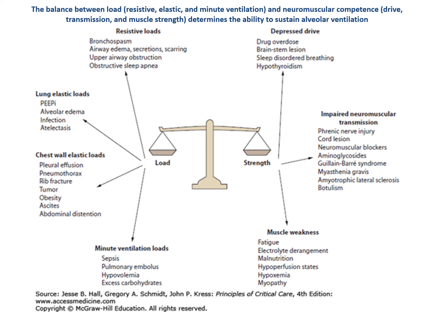On the right side, we have depressed drive, like drug overdose, brainstem lesion, sleep disordered breathing, hypothyroidism. Impaired neuromuscular transmission includes phrenic nerve injury, cord lesion, neuromuscular blockers, aminoglycosides, Guillain-Barré syndrome, myasthenia gravis, amyotrophic lateral sclerosis, and botulism. And muscle weakness includes fatigue, electrolyte derangements, malnutrition, hypoperfusion states, hypoxemia, myopathy.